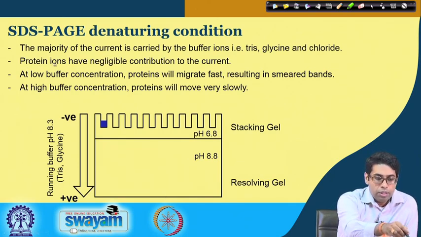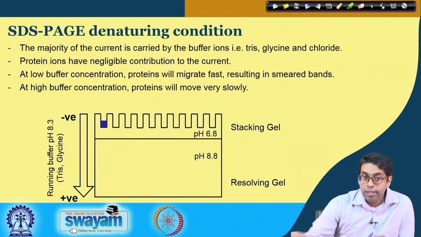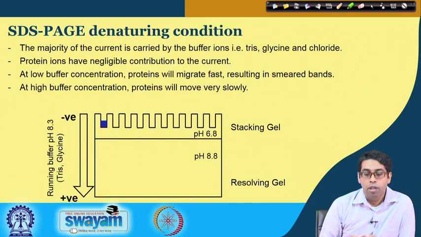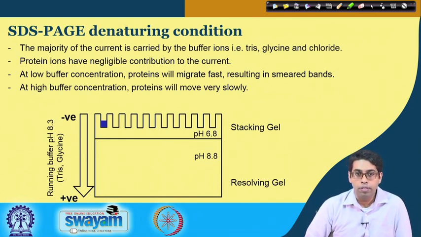Protein ions, even though they are negatively charged, have negligible contribution to the current. So, it turns out that the concentration of the buffer is very important. Again, a typical practice in any lab is that we make 10x buffer solutions, and before running a gel, that 10x solution is diluted to 1x and the gel is run.